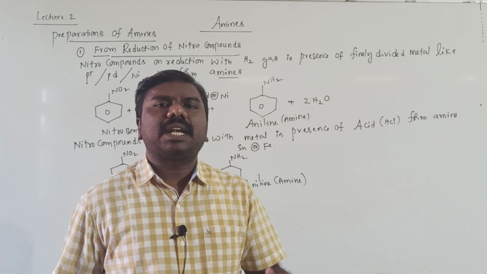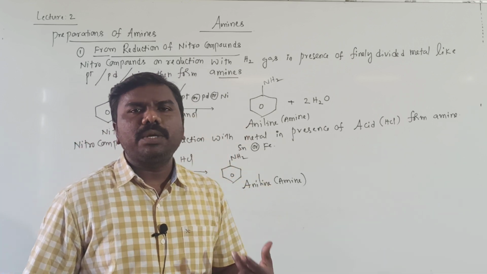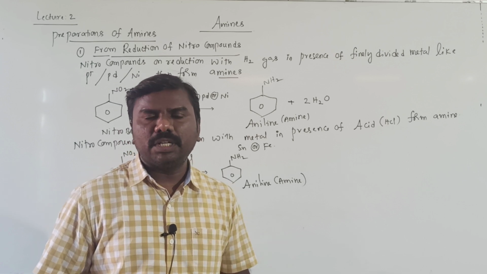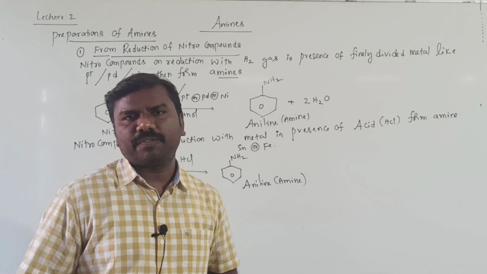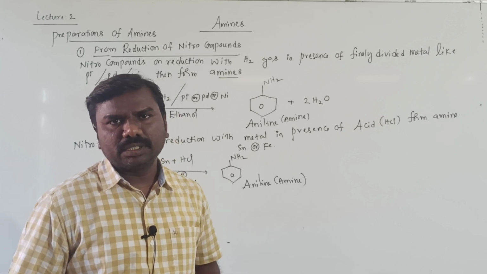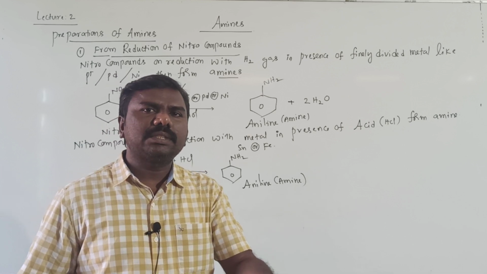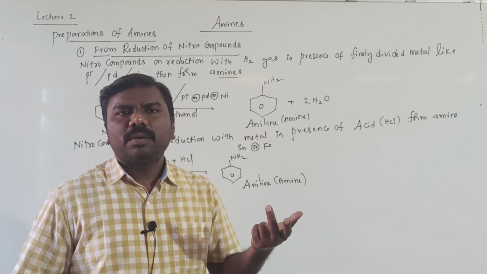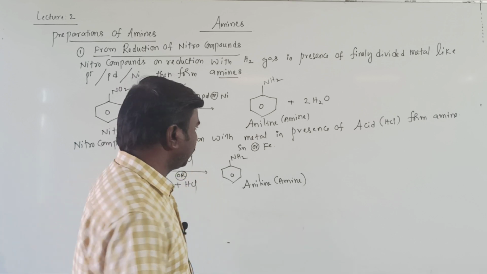Already HCl is regenerating in the reaction. That's why you need not add more amount of HCl to initiate the reaction. A small amount of HCl is enough to initiate the reaction by taking iron and HCl. Small amount of HCl means the cost of the preparation of amine will be reduced. Getting all of you? Yes.